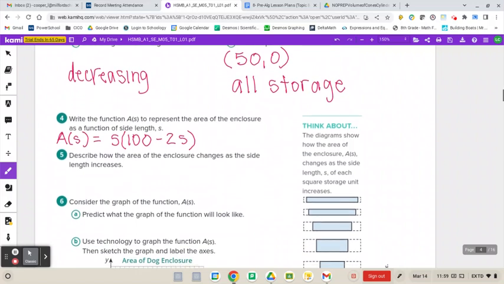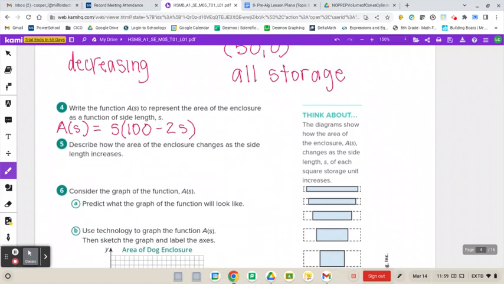Now, here's what I want to show you. We can simplify this a little bit more and distribute here. So really, my final answer here is 100S minus 2S squared.